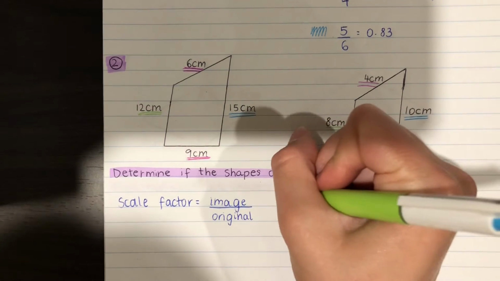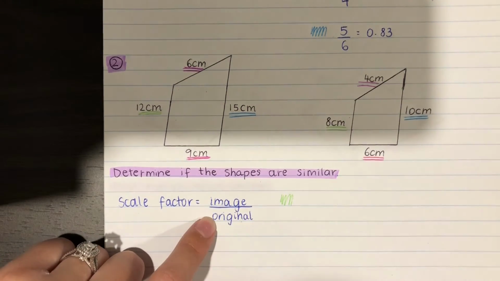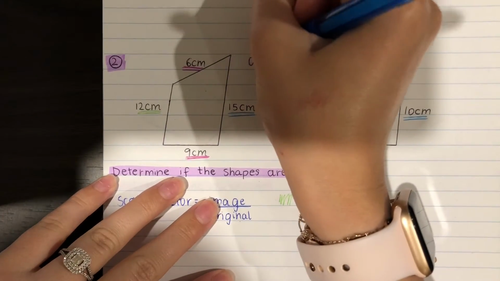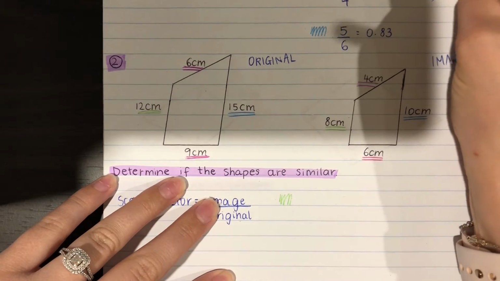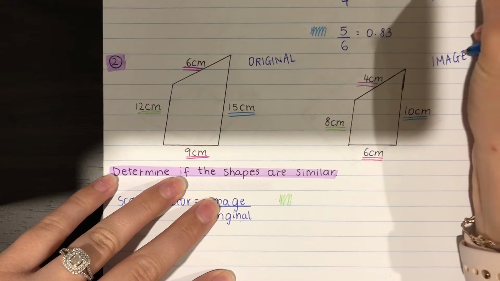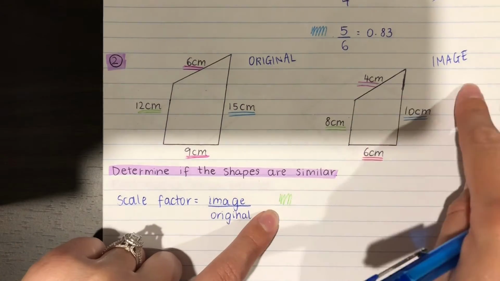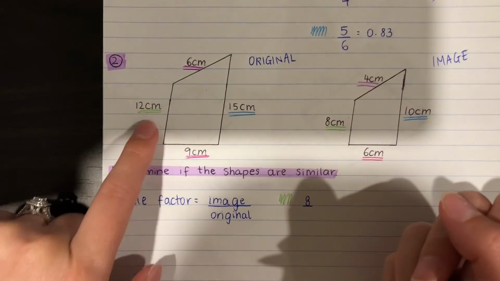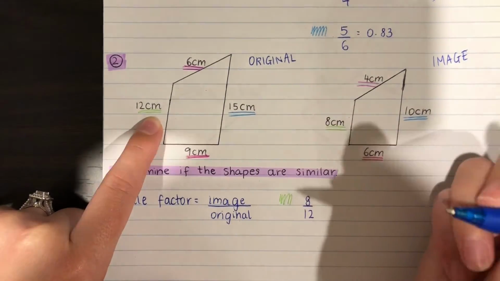So we'll start with green. It's image over original. Remember, we start with an original and end up with an image. So image of green is 8 divided by original of green, which is 12.